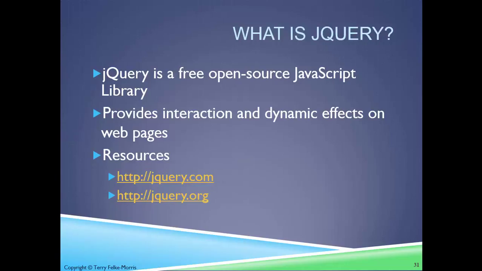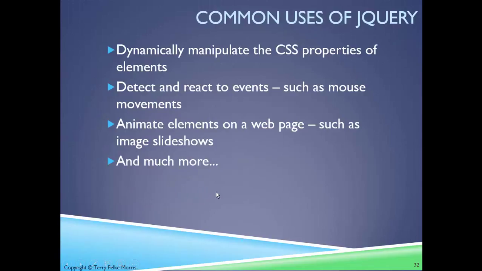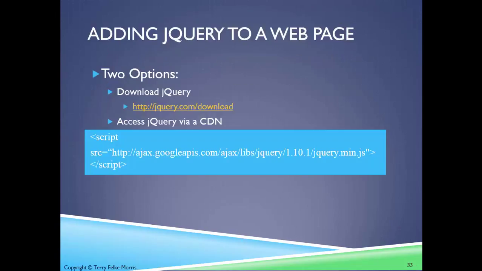And as it says, it does a lot of different stuff for you, like provide interaction, dynamic effects. Here's a couple of the sites that you can go to for more information. Some of the common uses of jQuery are shown right here: dynamically manipulating CSS properties of elements, detecting and reacting to events, animating events on a web page, and there's a lot more stuff that you can do with it also.